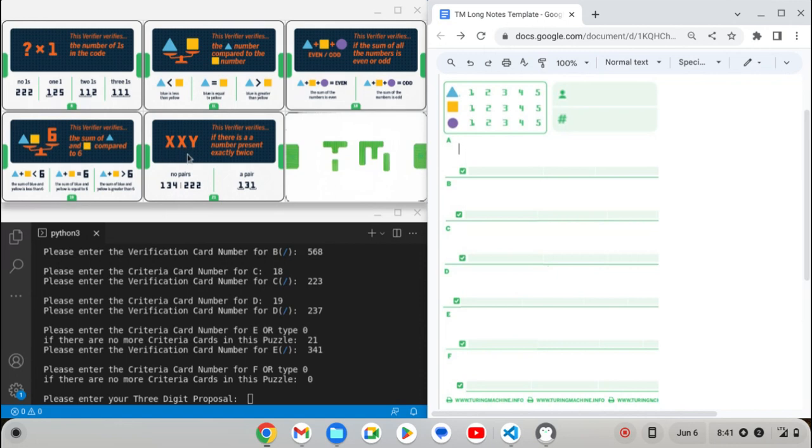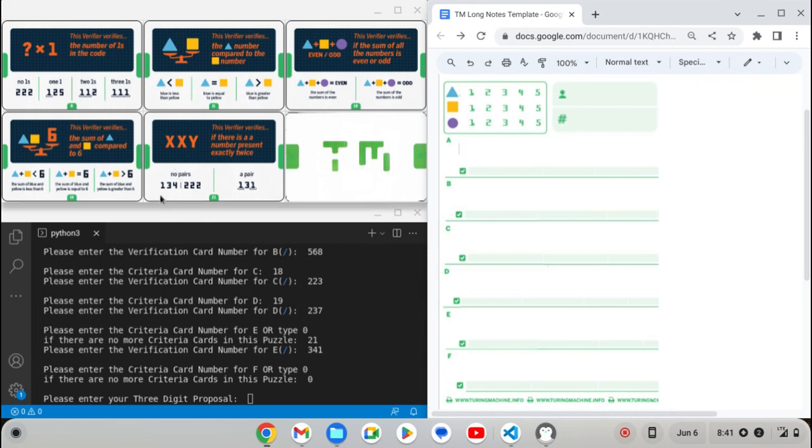And finally, criteria card E will let us know something about the 3-digit code, whether there is a pair of digits, a repeating digit, as in the example 131, or alternatively, there is no pair, which could be 2 scenarios.